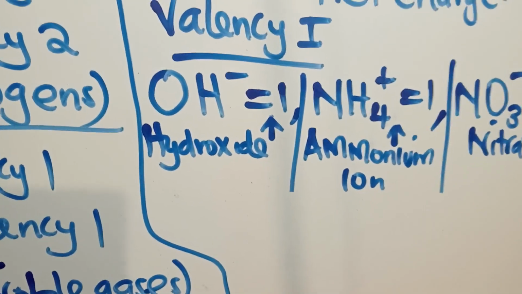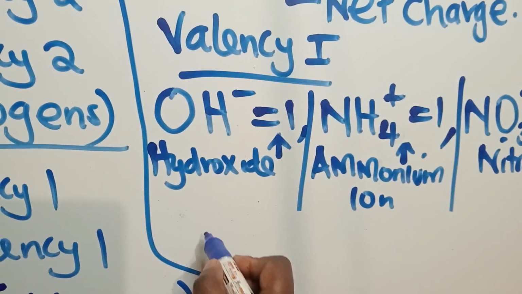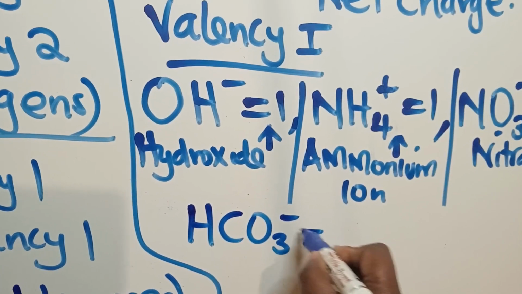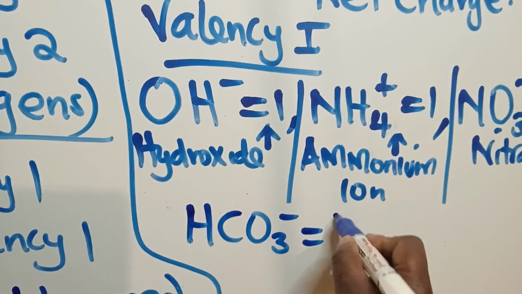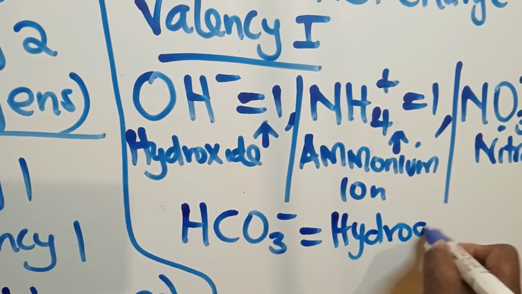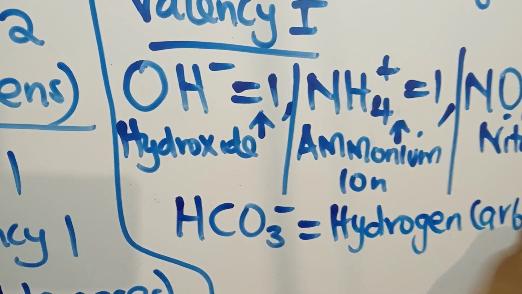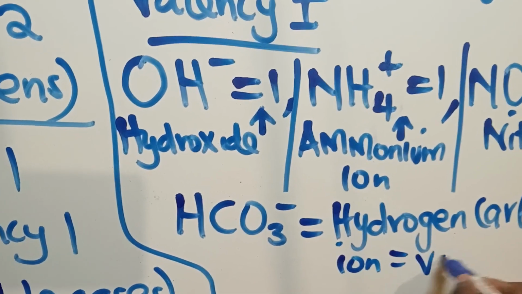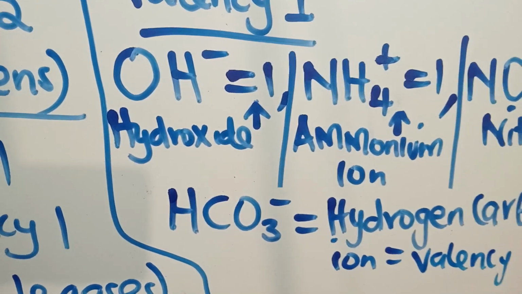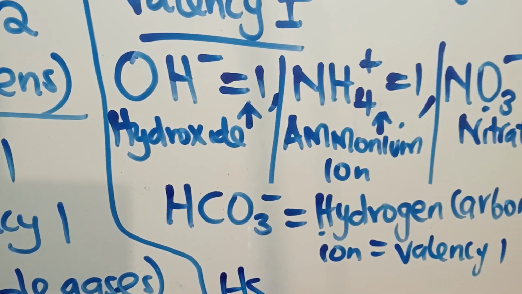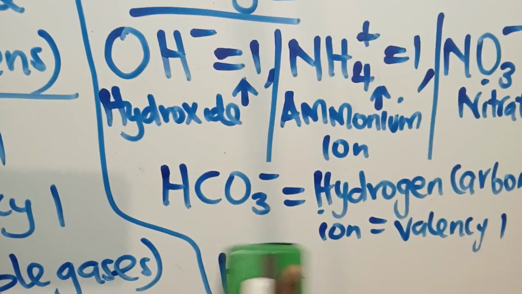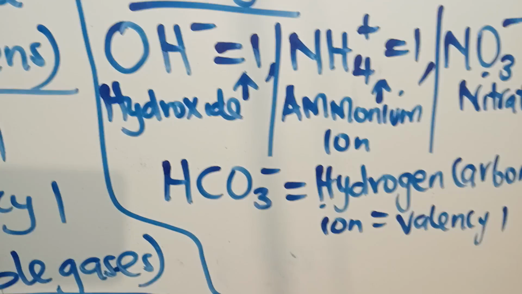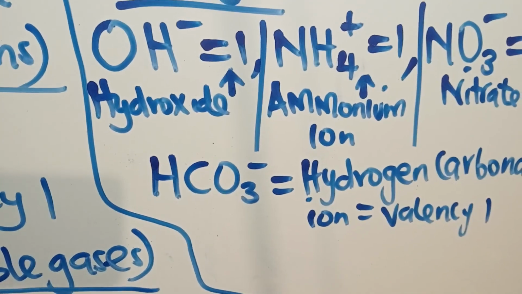Before we move to valency 2, remember we also have the hydrogen carbonate ion, also with a valency of 1. We also have the hydrogen sulfate. Let me write it well. In the writing of chemical symbols, you always avoid having them attached to one another.